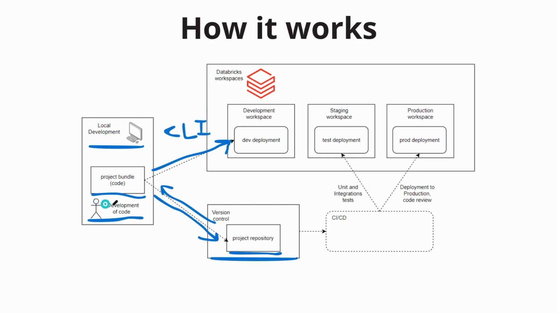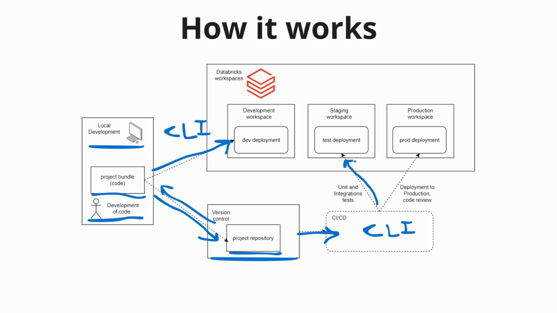At some point, once your local development has reached a phase where you want to transition your code to the staging and production workspace, you will set up CI/CD pipelines that will take care of first unit and integration tests. This will also be done using the Databricks CLI.